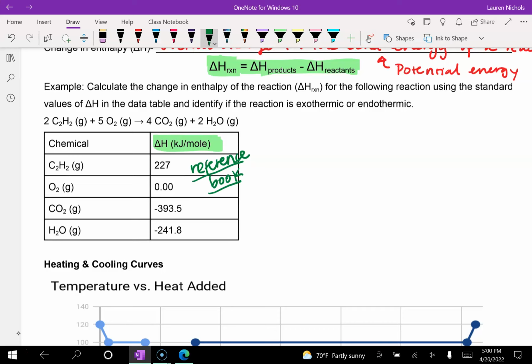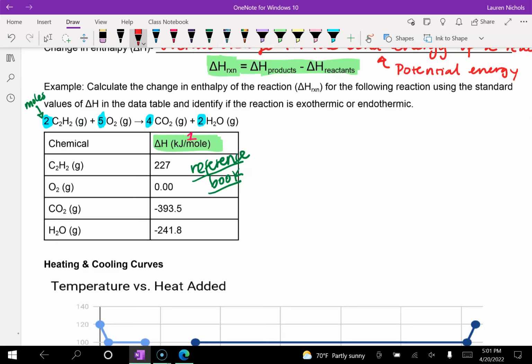This tells us that it's kilojoules per mole, so that's 1 mole. Now, keep in mind that in your chemical equation, we have moles in our coefficients. So the 2, the 5, the 4, the 2, these are the number of moles of that chemical that get used in this reaction. That's where we get our mole ratio from in stoichiometry.